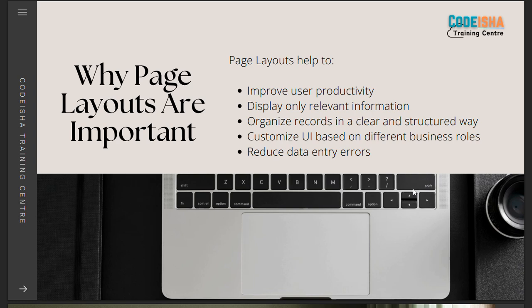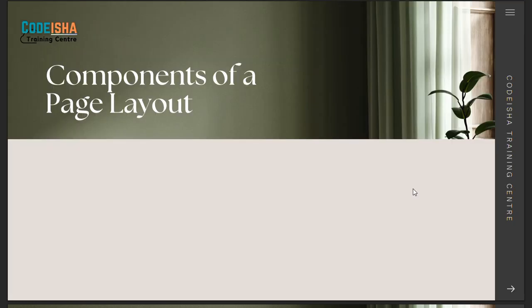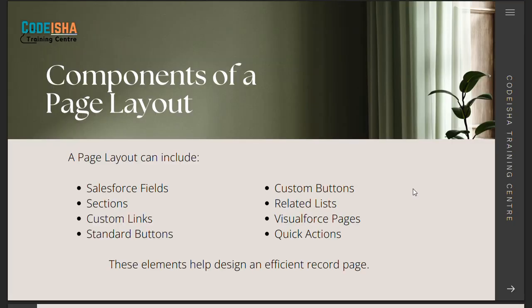Here are the components of a page layout. A page layout can include fields, including standard and custom fields, and sections, custom links, standard buttons, custom buttons, related lists, and Visualforce pages also. We can also add quick actions.